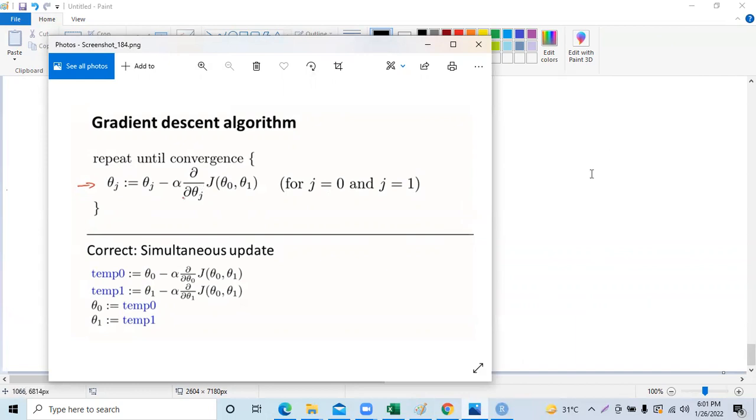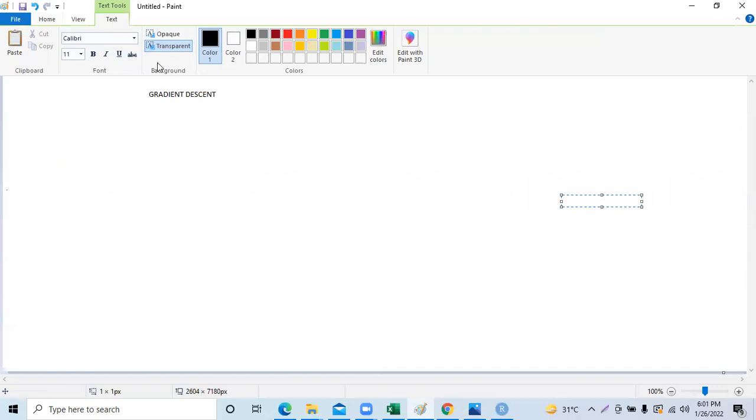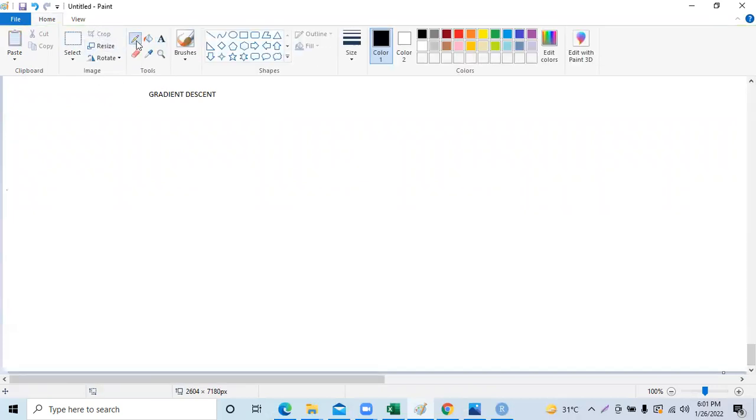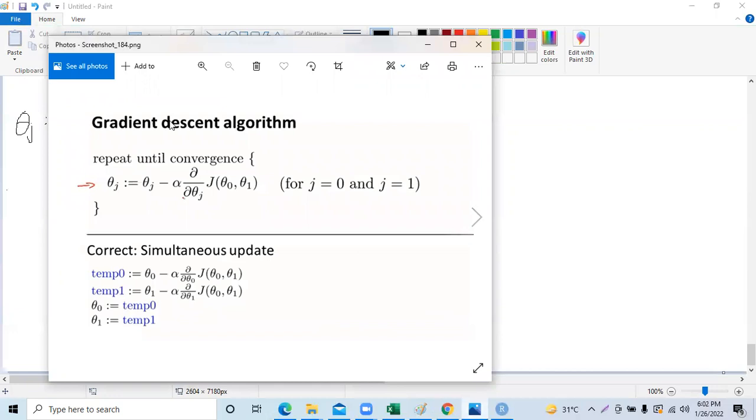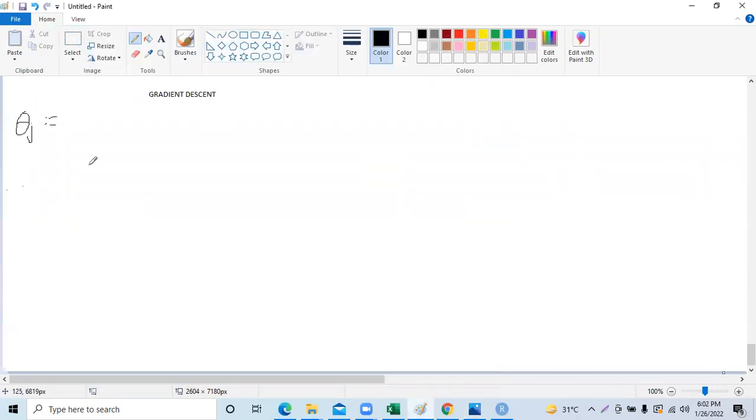Let me see if I can write it down. If I'm not able to write it, we'll just use the screenshot to explain. So theta j, which is our gradient descent update, equals, and look, this assignment is very important. This is not an equals sign, this is an assignment. I'm going to explain that.